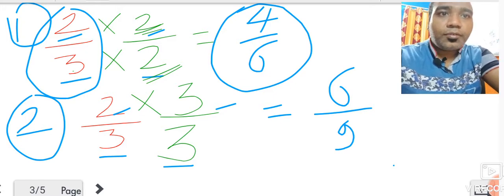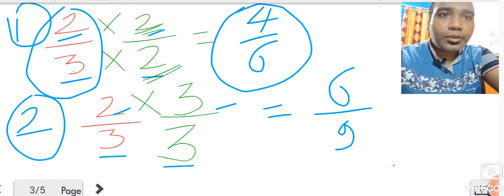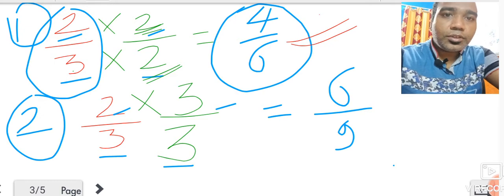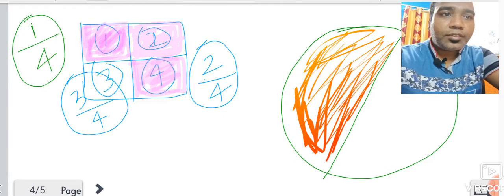So the first equivalent fraction of 2 by 3 is 4 by 6, and the second is 6 by 9.